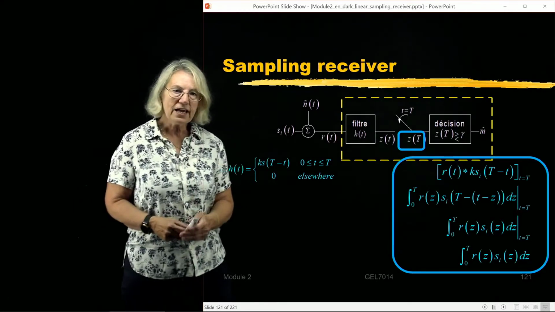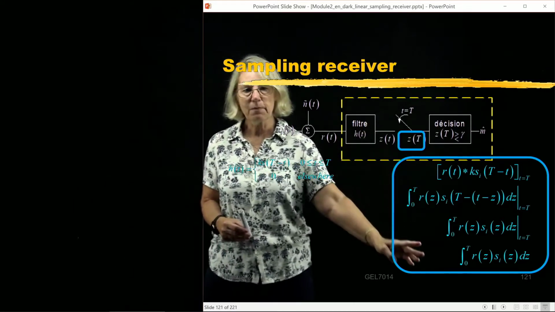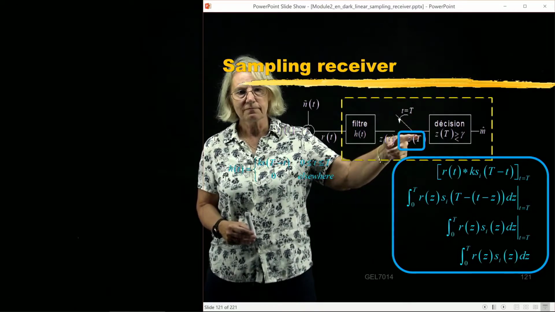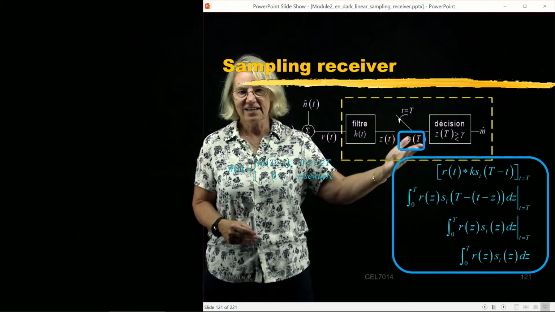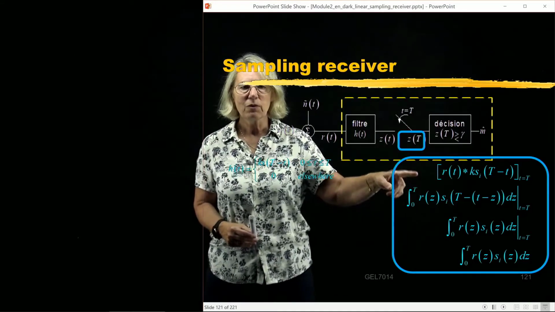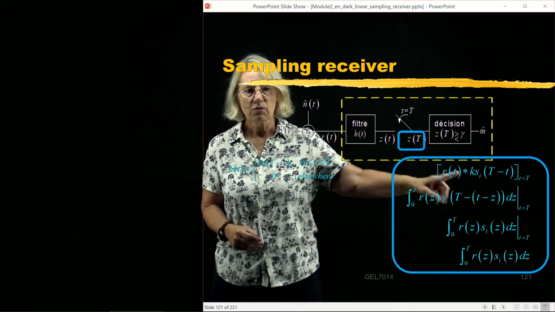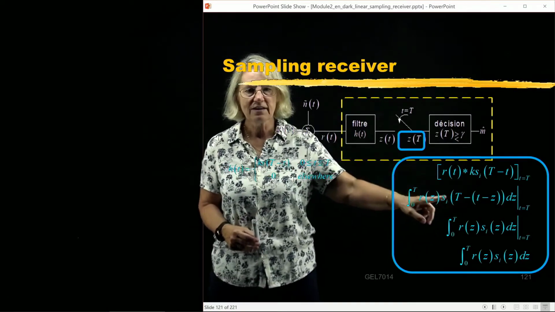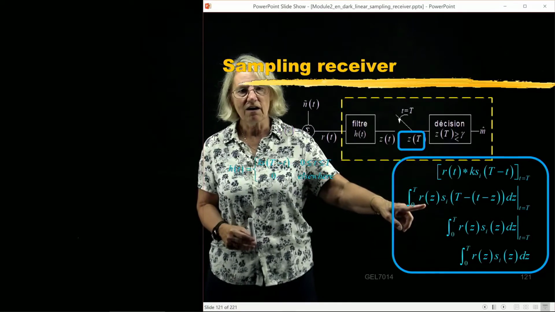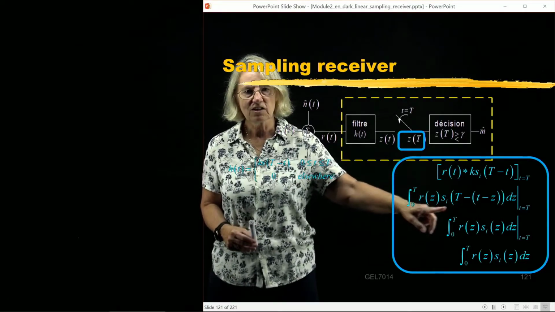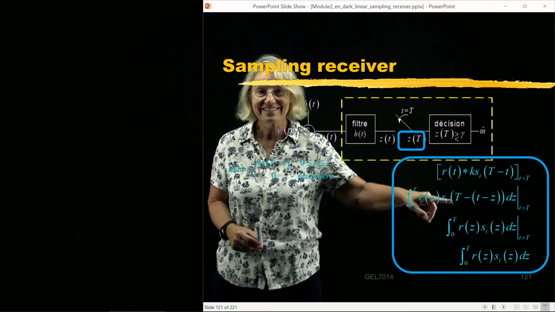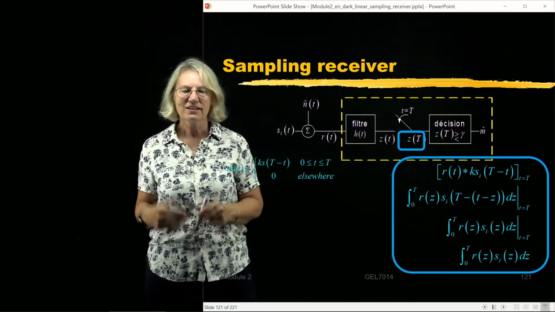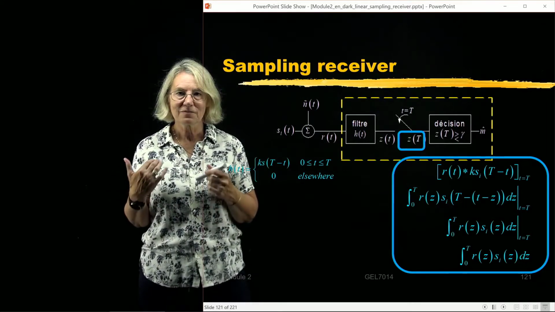Now, if we take our math and come up with the decision statistic being used here, we would take the received signal and convolve it with the filter, which of course is matched to the symbol transmitted, and we would get an integral of the received signal correlated, here we get the word correlation, where we multiply it with a symbol waveform.